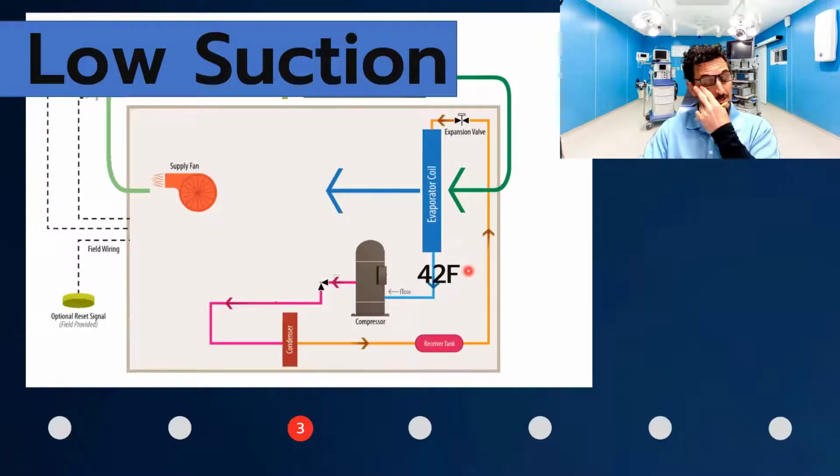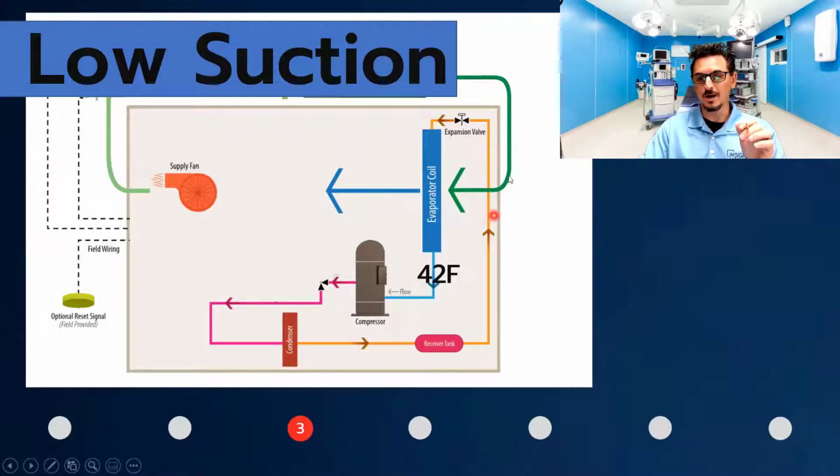Okay, so low suction is the big enemy of DX systems. And what happens when you have low suction is, as this heat load drops, let me back up. Let's assume this is a 5-ton compressor and you have a 5-ton refrigeration system here. At full load, you have enough heat to boil off the refrigerant and bring the gas back to the compressor.